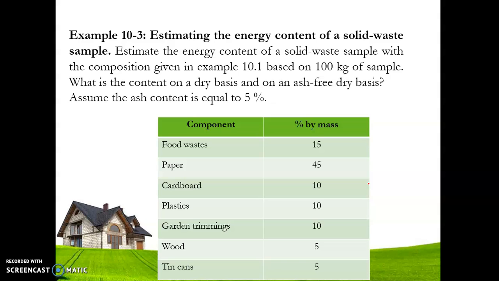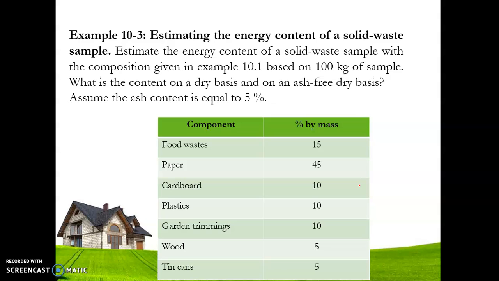So if you look at here, it will be the same value as example 10.1. So it is like a continuation. First you determine the moisture content, then only you can calculate the other things, such as the volume, energy. So later on you will see you can calculate the other elemental composition.